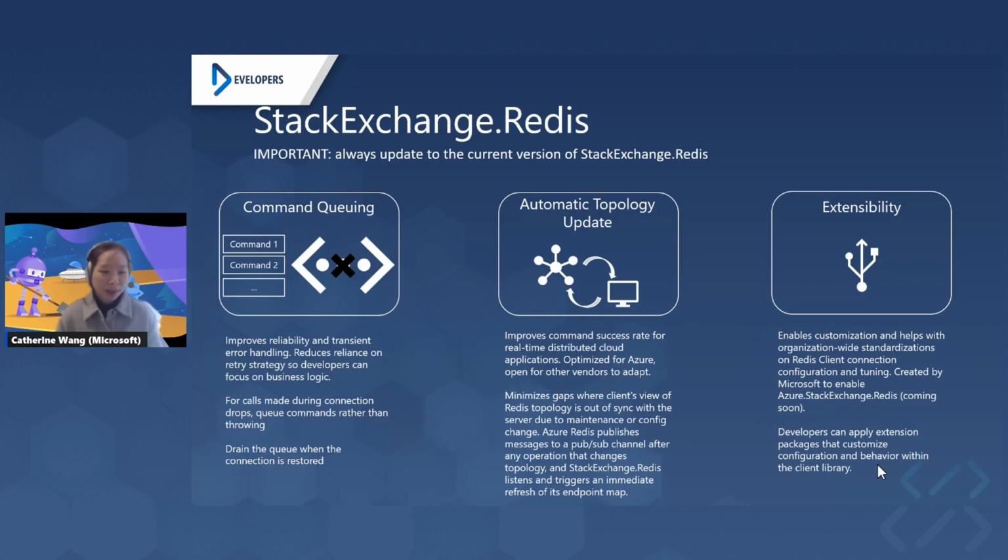Without this, if the commands were to be sent out and there's a client crash, the commands will just throw failures, and developers will have to write code to handle the retry logic and error handling and so on. With this feature, developers can just focus on the business logic without having to worry about the connections, the clients, and so on.